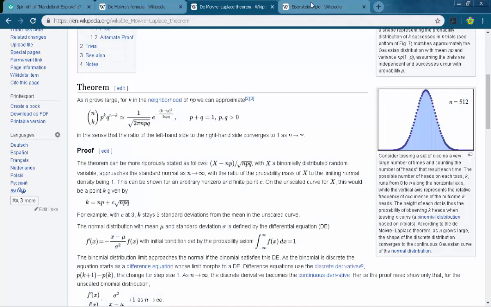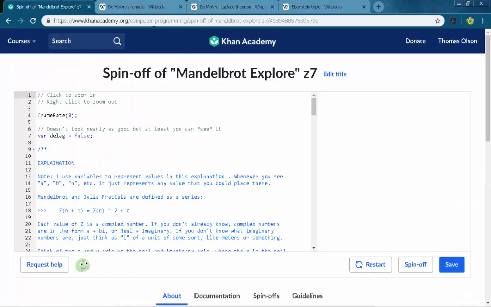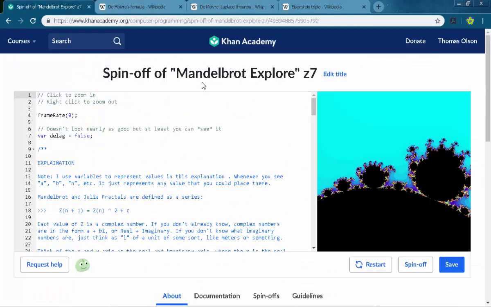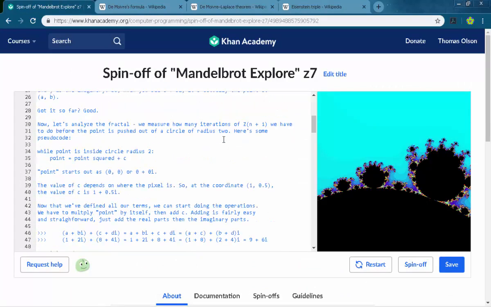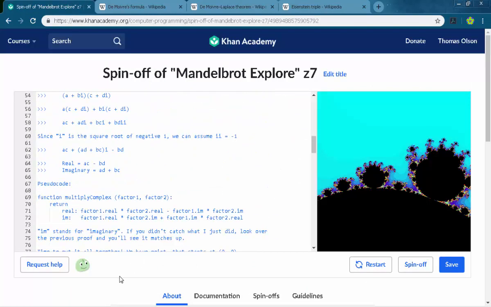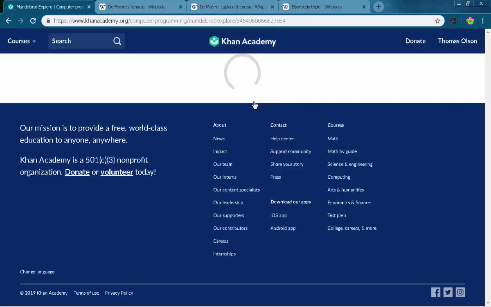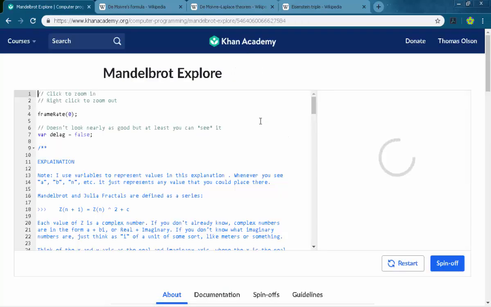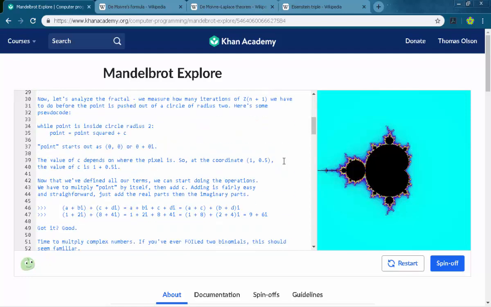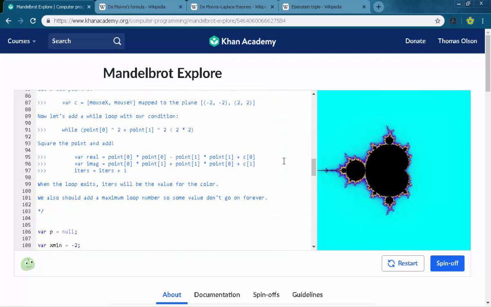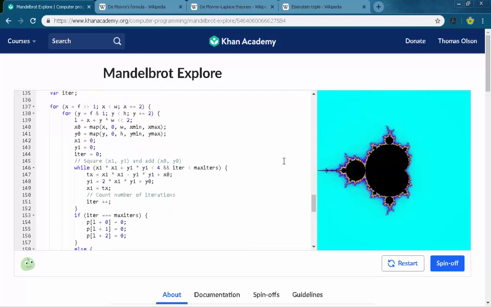So I think I talked about everything. Or not quite. Let's go back to the original, and we'll go to the Mandelbrot two-dimensional version. Alright, so we go down the code here, and just change this to an x1.